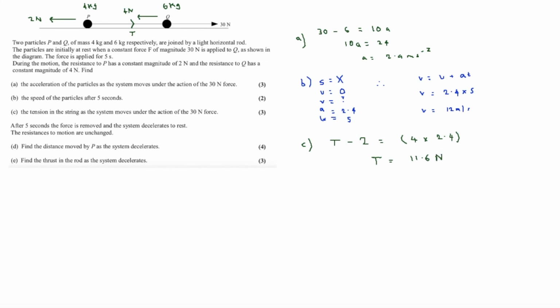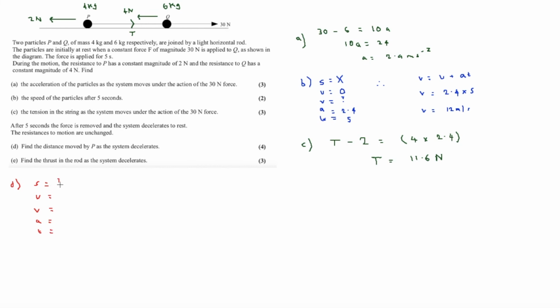Now looking on to D. D asks for the distance moved by P as the system decelerates. So again, we will be looking at a Suvat equation, but we will have to find out what A is in order to get this Suvat equation to work. But we'll start off by putting the Suvat equation in. So we know that S is the thing that we're trying to find out.